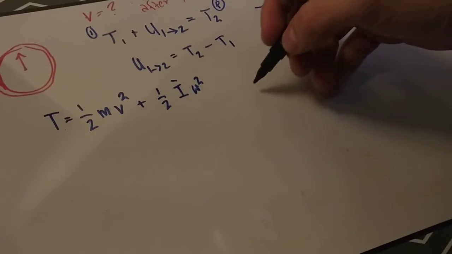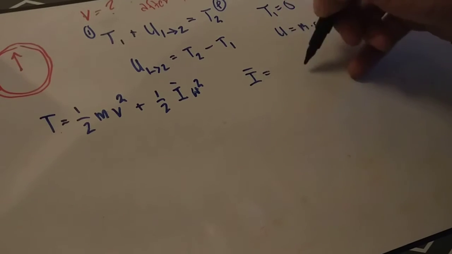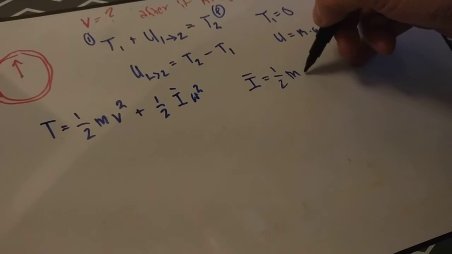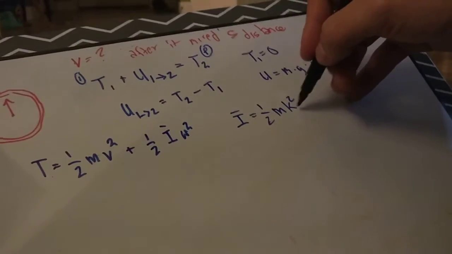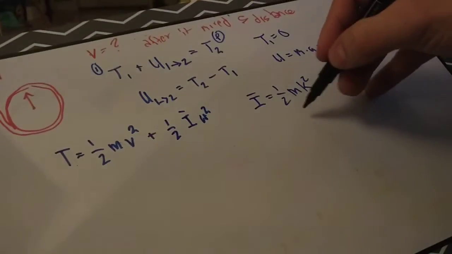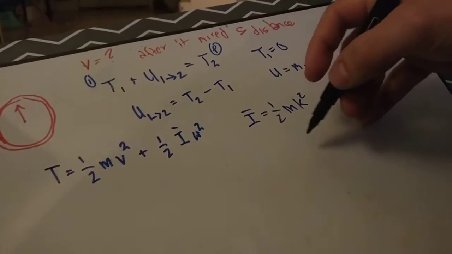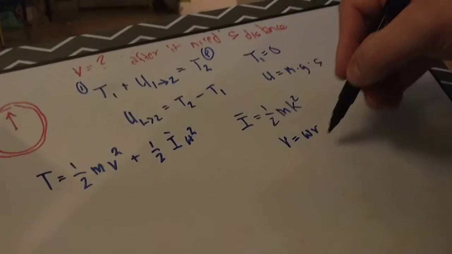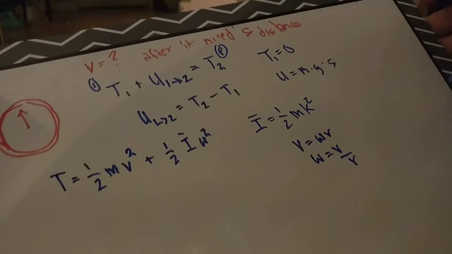And we know that the mass moment of inertia is equal to 1/2 mass times the radius of gyration squared, or we could change the k to the radius of this disk. That's fine. And omega, the angular velocity, well, we know v equals omega r, so omega is equal to velocity over the radius.